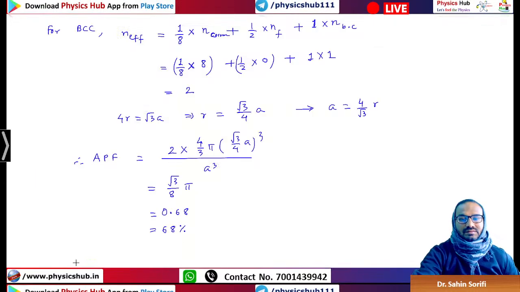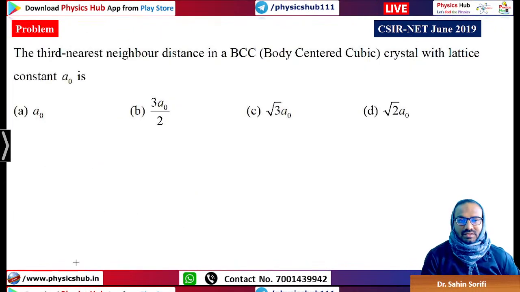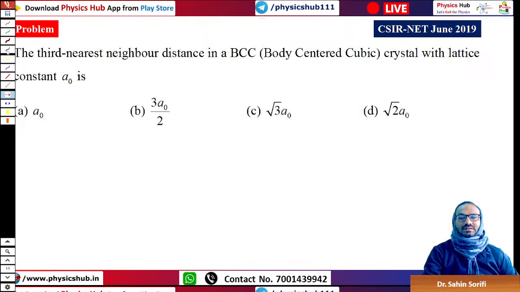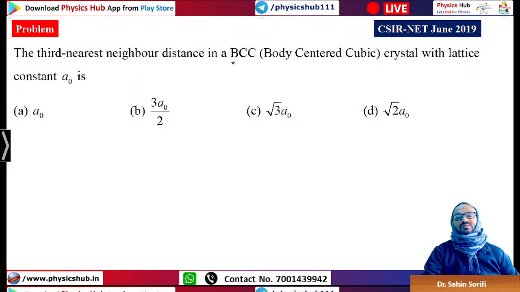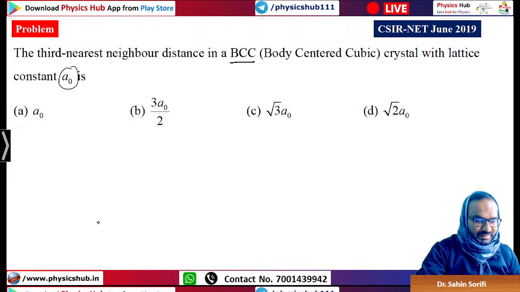Okay, so that is what is asked here. The third nearest neighbor distance in a BCC body centered cubic crystal with lattice constant a0 is? Can you tell me? Simple, you can do it.